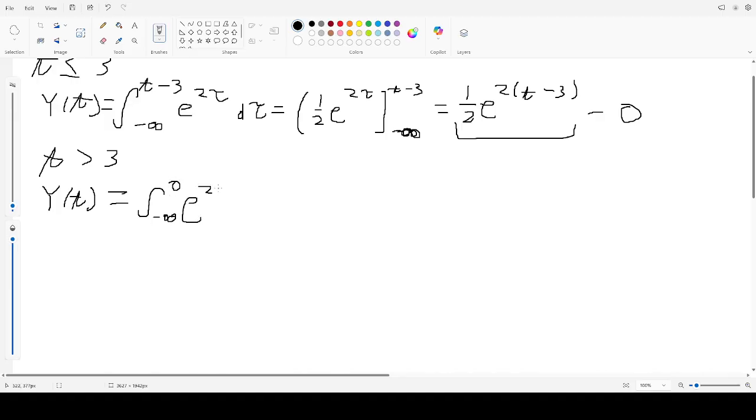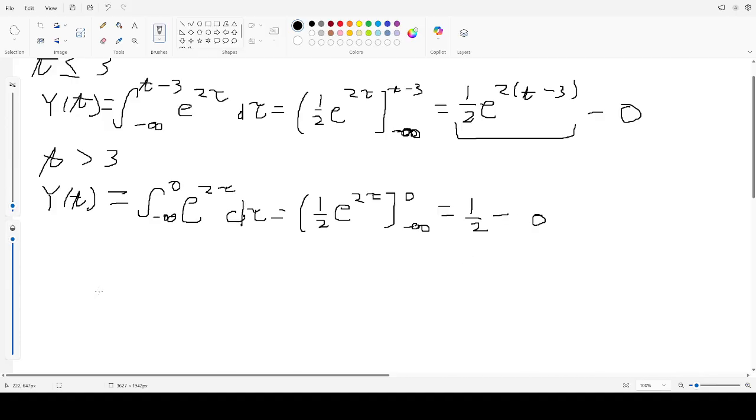Same integral, e to the 2 tau d tau. So 1/2 e to the 2 tau from negative infinity to 0. The negative infinity is still going to be the same, it's going to have a minus 0. When tau is 0, e to the 0 is 1, so that's just 1/2.